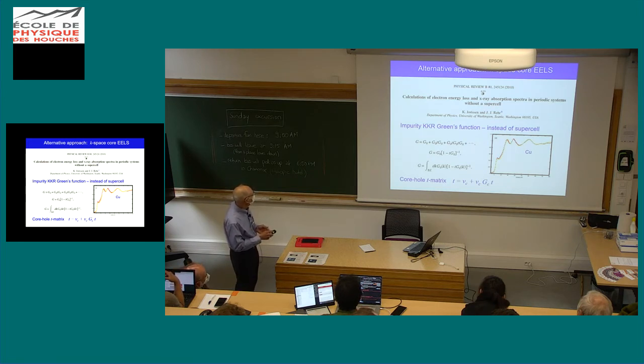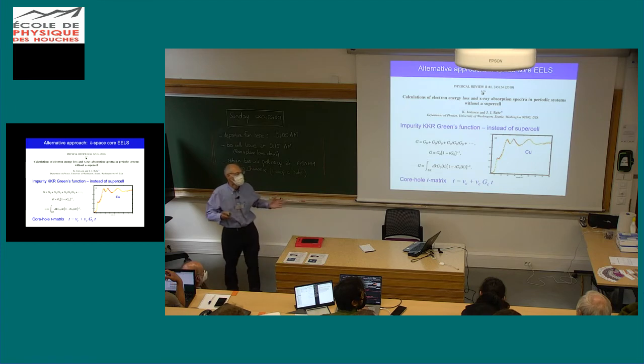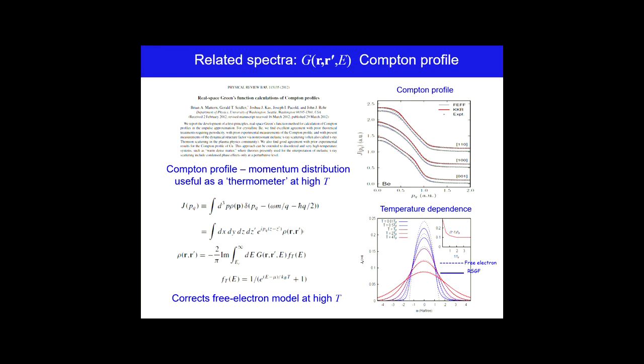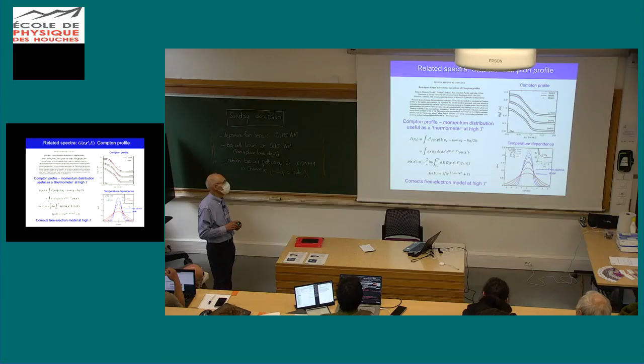So you can put in this core hole instead of using a supercell. I don't know what you guys use, do you use supercells to treat core XAS, or do you do this kind of game? Well, anyway, this is nice, and it works. You get the same results without using a supercell.